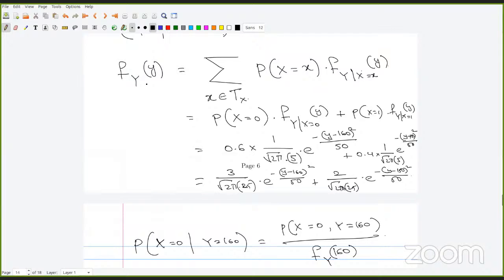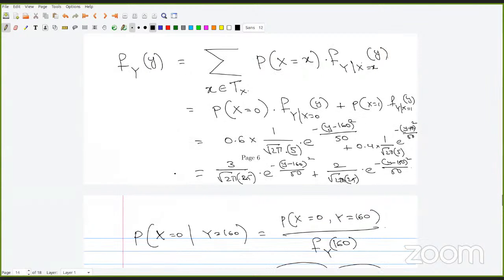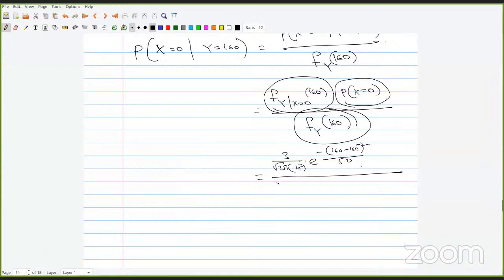We are going to get 3 by root 2 pi 25 times e to the power minus (160 minus 160) whole square divided by 50, plus 2 by root 2 pi 25 e to the power minus (160 minus 150) whole square divided by 50.